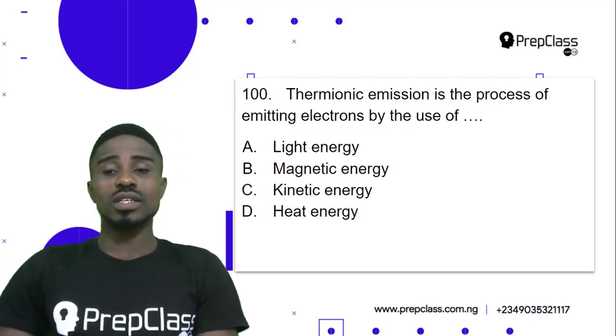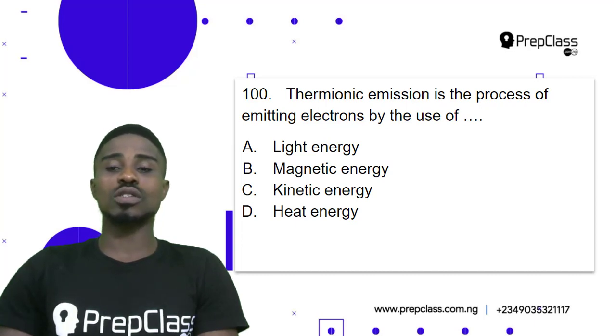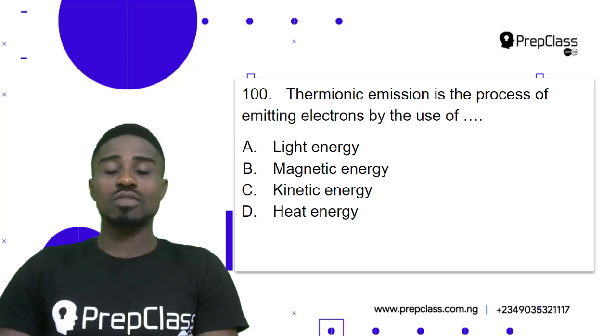Question 100. Thermionic emission is the process of emitting electrons by the use of A, light energy, B, magnetic energy, C, kinetic energy, D, heat energy. For us to carefully select the correct answer, we need to analyze all of the options and see which one best answers our question.